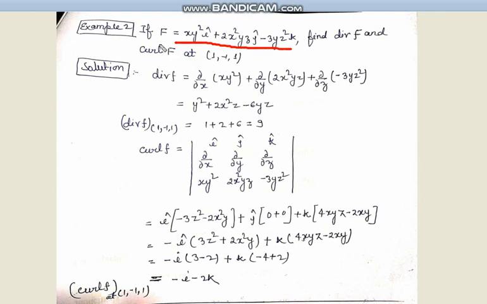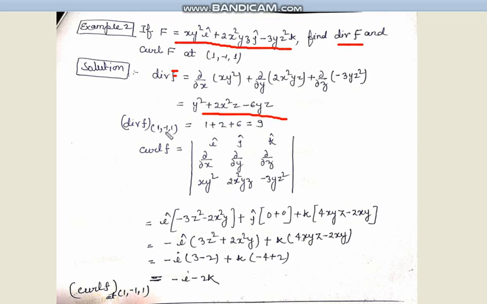In the same manner we can find the curl and divergence of this function capital F. By formula, divergence of F is equal to ∂/∂x of the coefficient of i, plus ∂/∂y of the coefficient of j, plus ∂/∂z of the coefficient of k. After finding their partial derivatives, we get y² − 2x²z − 6xy.